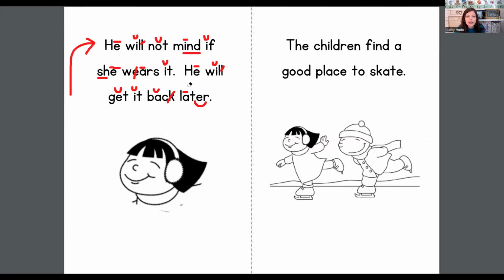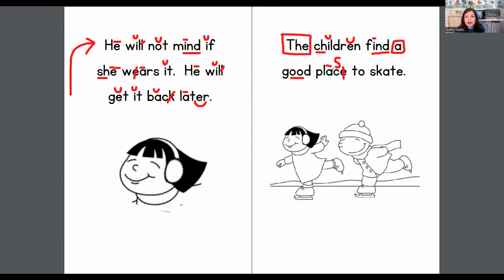All right, next page. The children. Find a good, sneaky E, play, and that C is making the S sound.